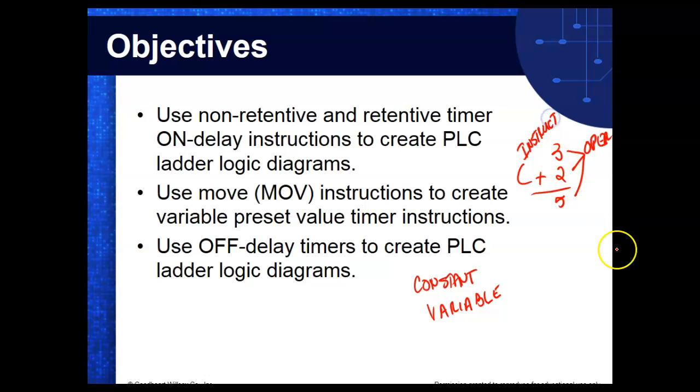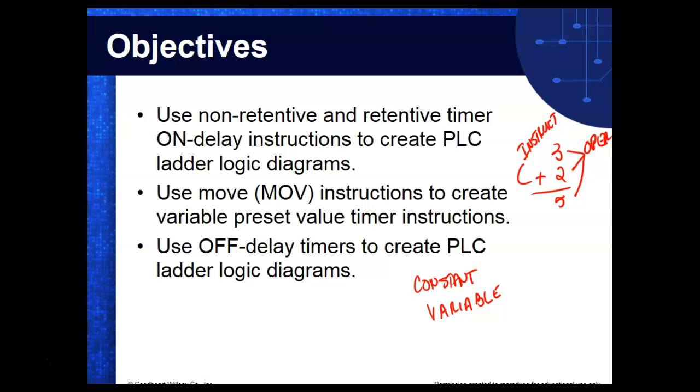Right now we've been dealing with contacts. We hadn't been dealing with operands. When we start dealing with timers, we're going to have to deal with operands, such as the amount of time we want the timer to count.